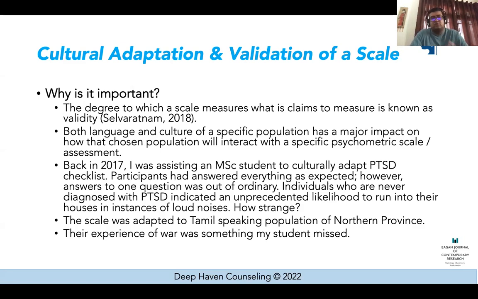And at the same time, both language and culture of a specific population also have a major impact on how that chosen population will interact with these psychometric scales. For example, certain languages don't have the words. In this lecture, you will see that I'll be talking about the generalized self-efficacy scale.